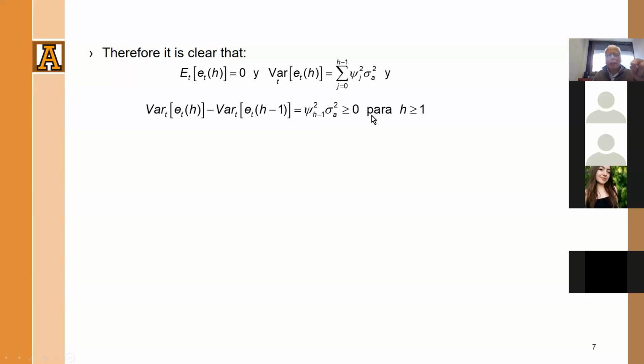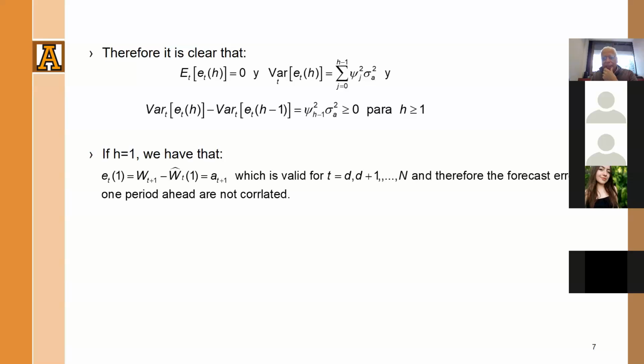What can we say from this expression? The conditional variance at time t of the forecast error h periods ahead is essentially one constant that we don't know, but it's a constant, psi, times the variance of a, for h greater than or equal to 1.